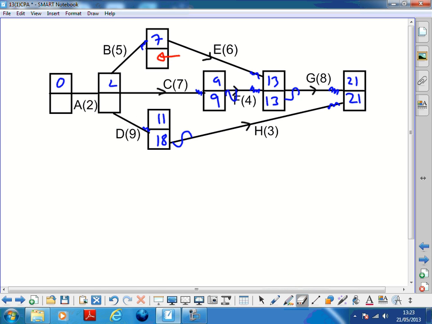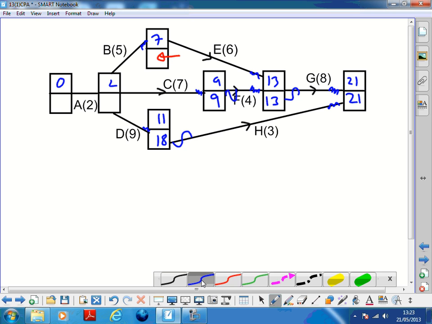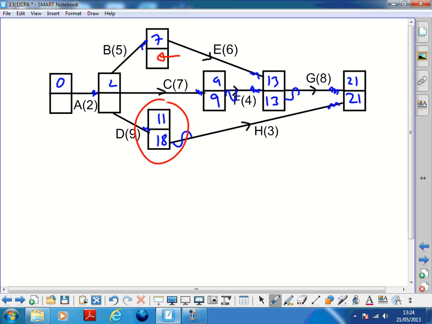Because you said I can pick any event. You did this one before you did these two, so you're bouncing around however you like. It's just that you can't do one that is dependent on another one being done first. Okay. Cool.